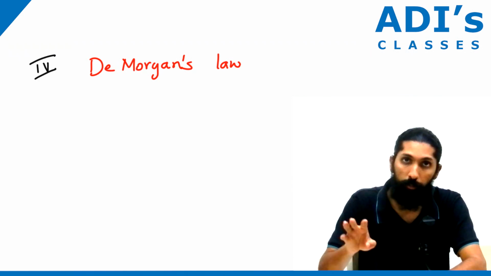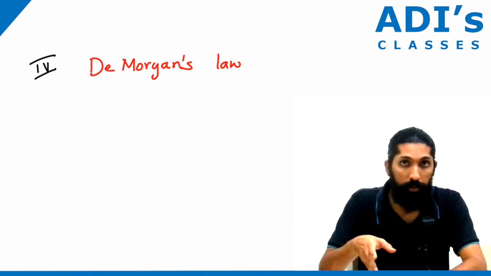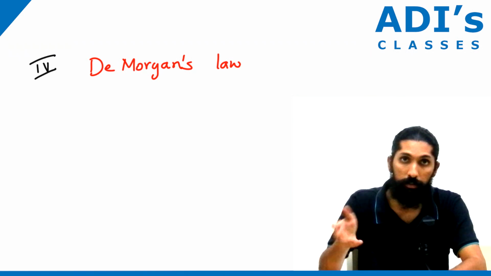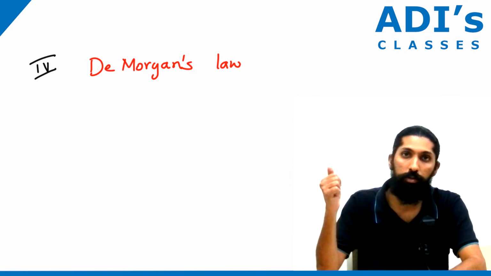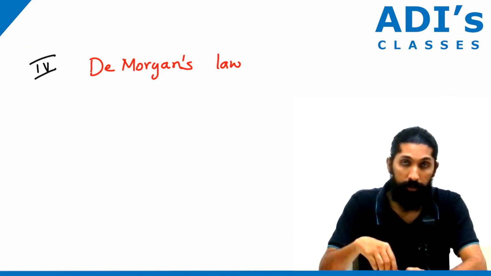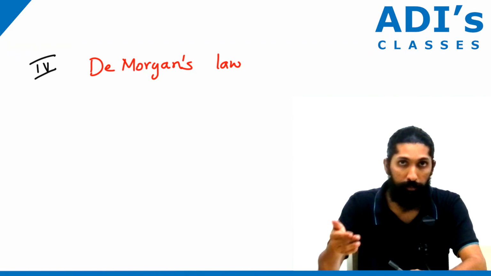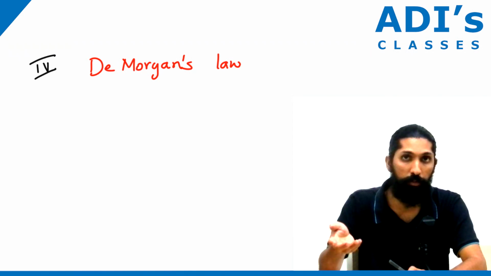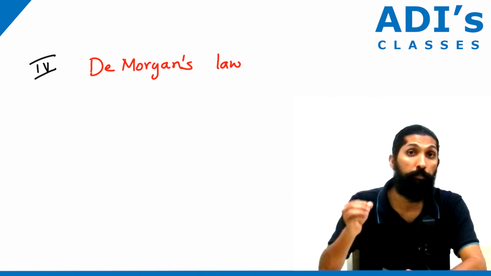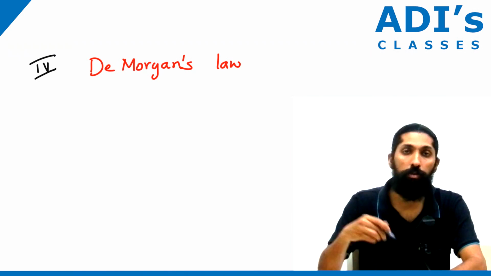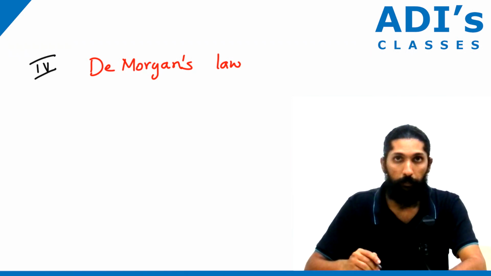We use it in probability, in computer science, in semiconductors, in logic gates. We use it in many fields. De Morgan's law is a part of Boolean algebra, which you are going to study later on.